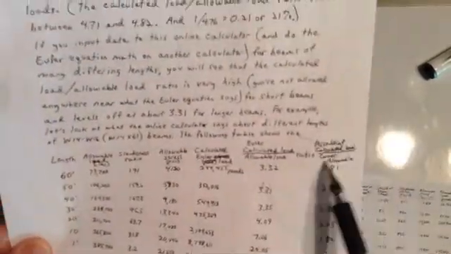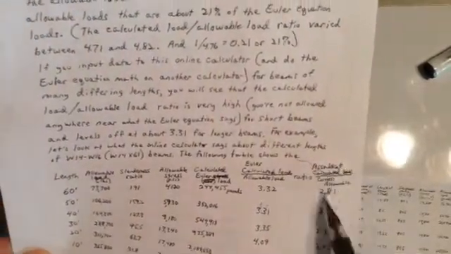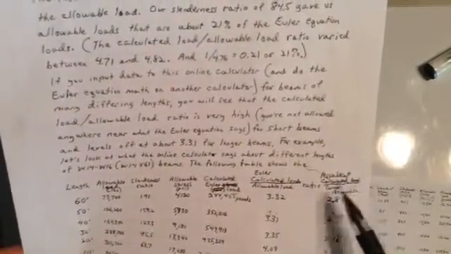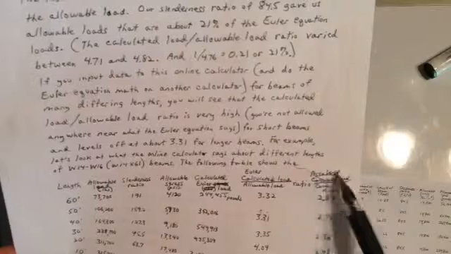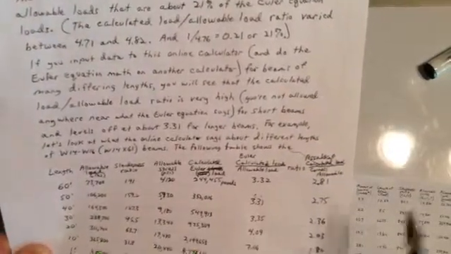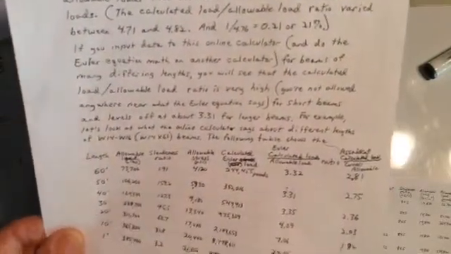Calculated to allowable means the allowable is about a third of what the formula at the asicaf website gives you. It starts allowing you less and less the longer the column gets.